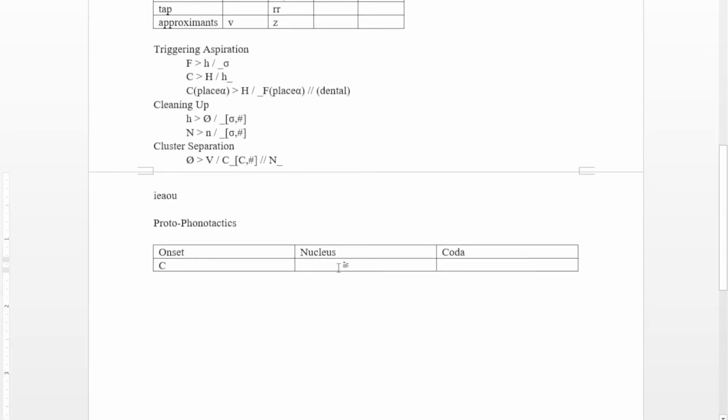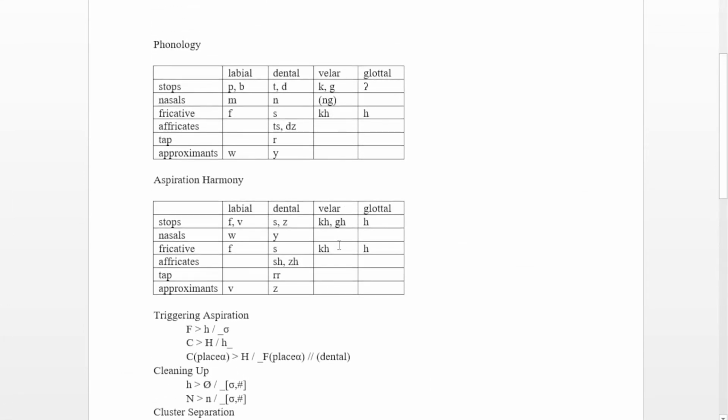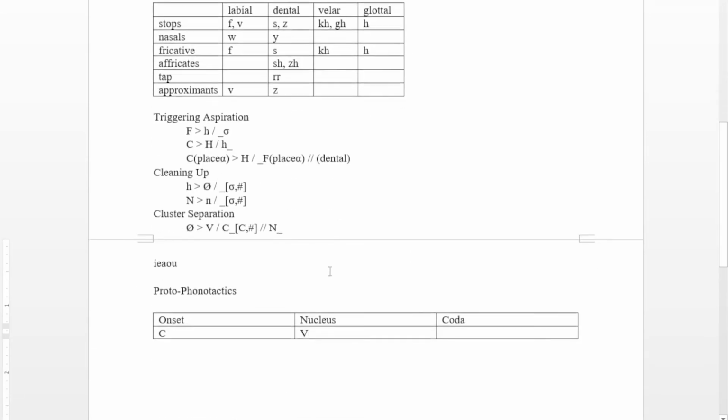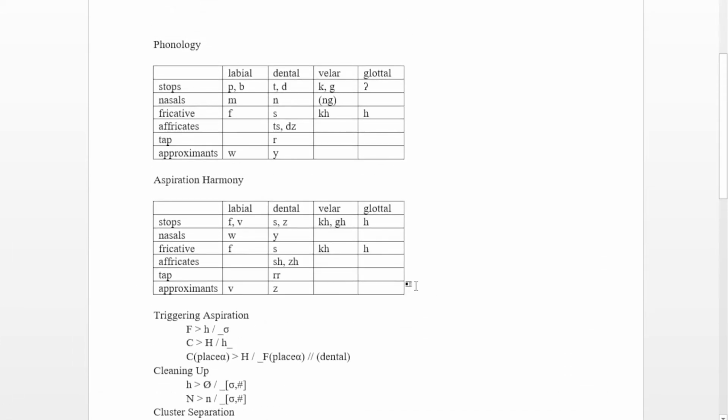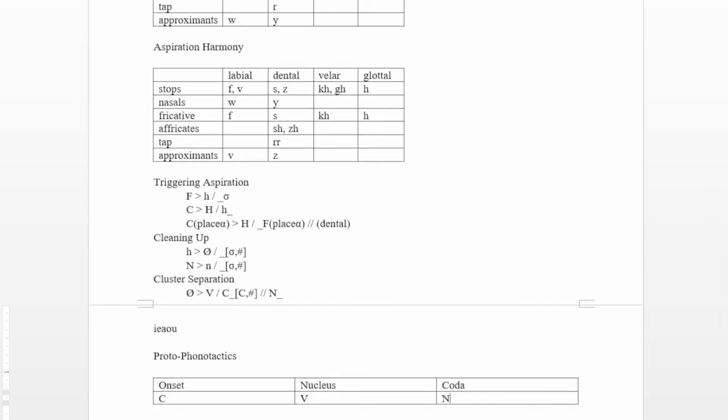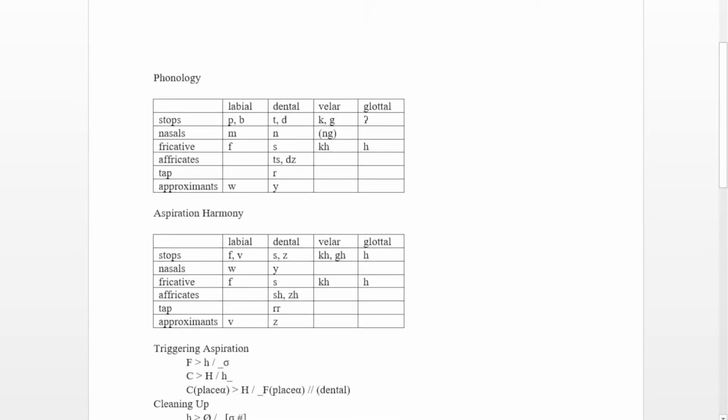The nucleus, only vowels. I've done a language before with different nuclei, but I think for this one we'll stick with just any vowel. And then coda. Coda becomes important. I want nasals as possible codas. I want fricatives.